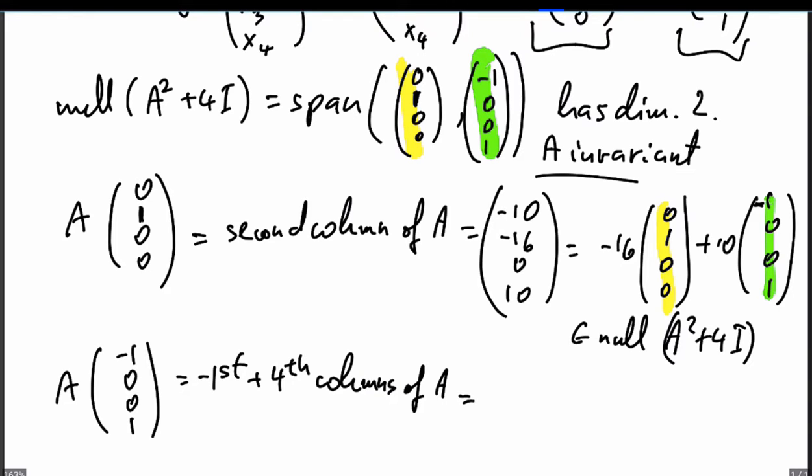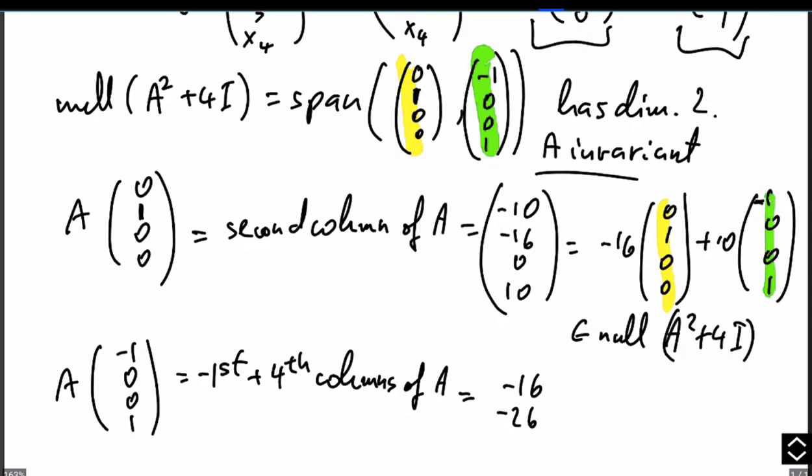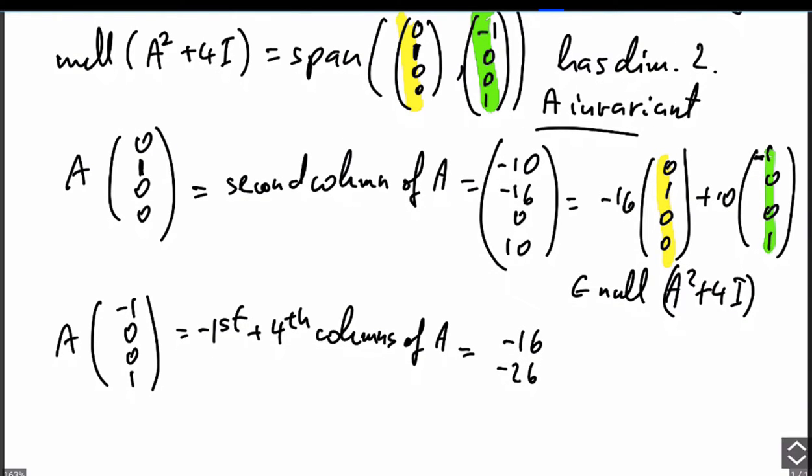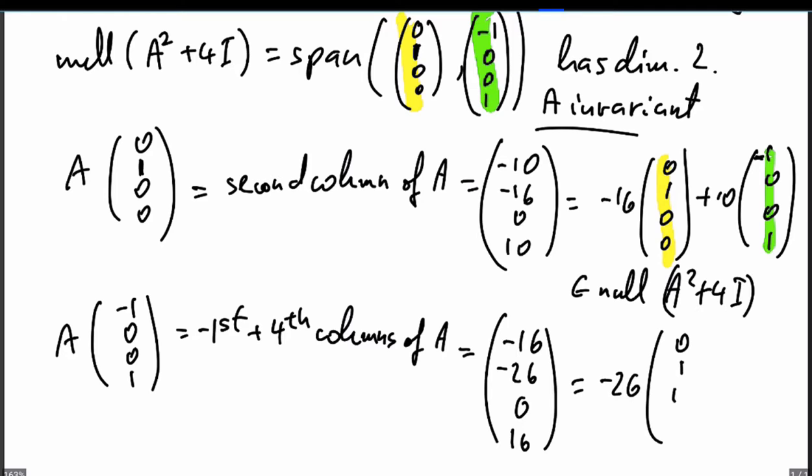Using the definition of A, this is minus 16, minus 26, then 0, and 16, which can again be separated into a linear combination of the basis vectors: minus 26 times 0, 1, 0, 0, plus 16 times minus 1, 0, 0, 1.